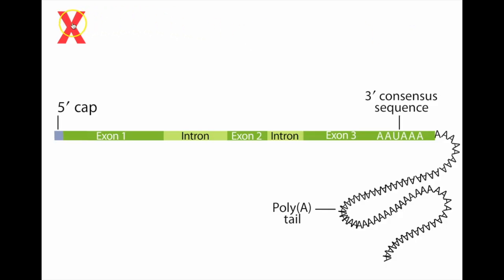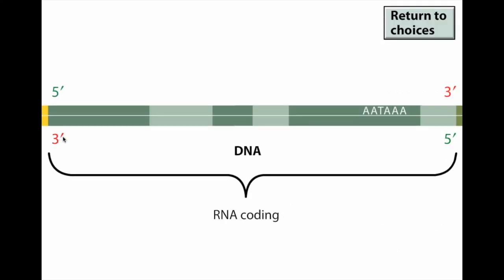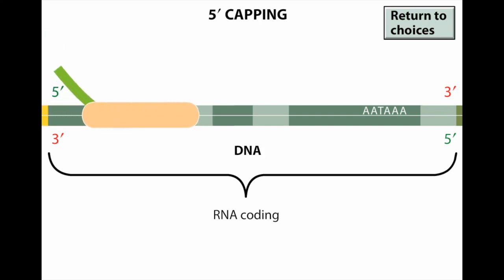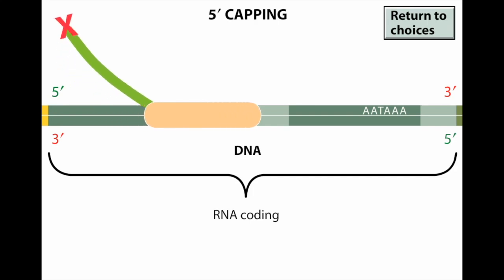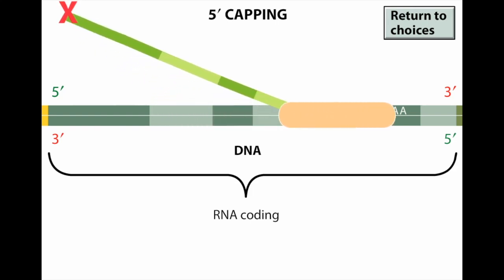Let's see what happens if the 5' cap is not properly processed. If 5' capping of pre-mRNA does not take place, splicing, stability, and translation of the RNA are all affected.